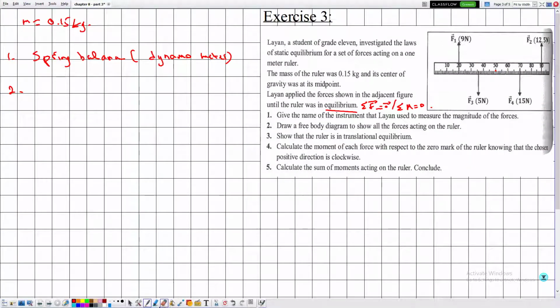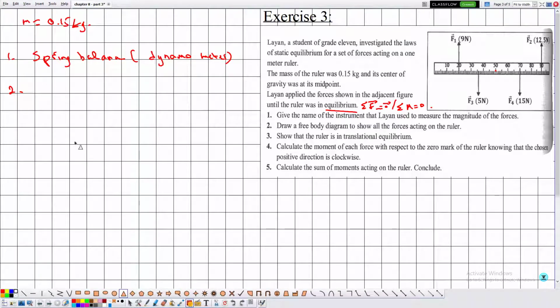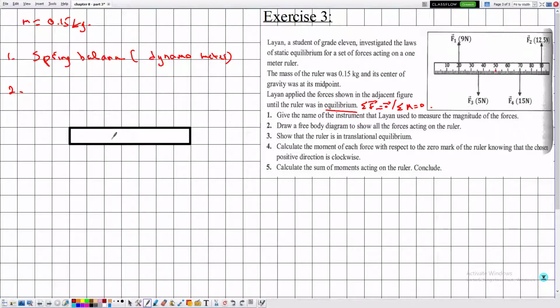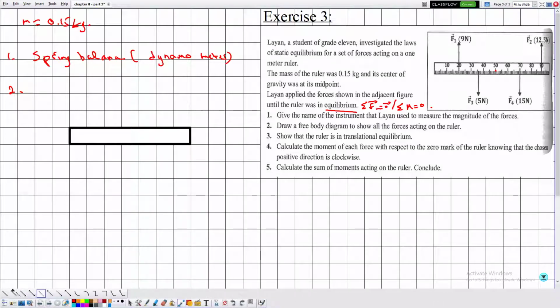This is the ruler. So we have the force F3 acting somewhere here.